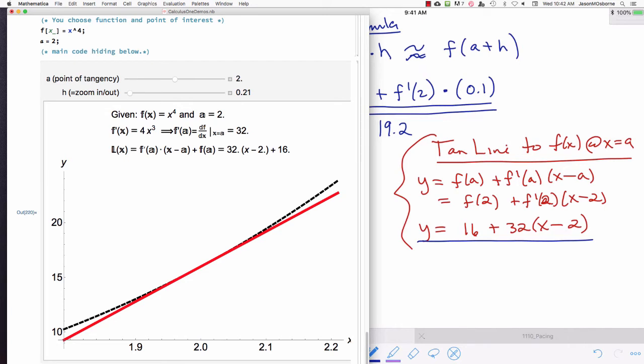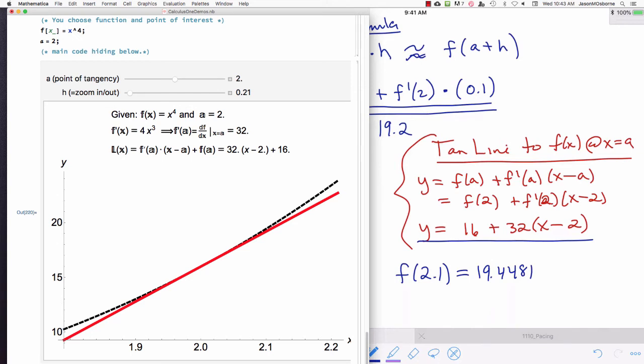You see here we were asked to find the function evaluated at 2.1. The function evaluated at 2.1, we knew its value was 19.4481. You can see that right here at 2.1: read it up to the black function and read it across to 19.4481, a little bit less than 20.